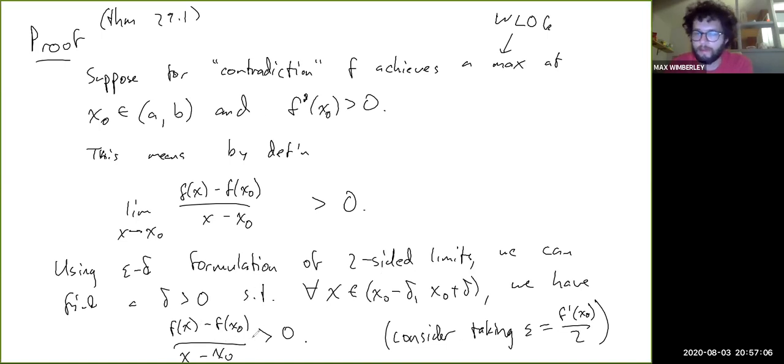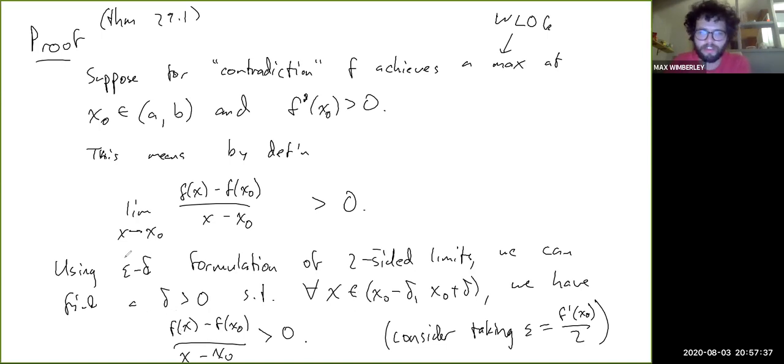That forces it to be positive, because the value has to be between f prime of x naught minus f prime of x naught over 2 and f prime of x naught plus f prime of x naught over 2. The lower bound is just f prime of x naught over 2, so this is stuck being positive for that value of delta.